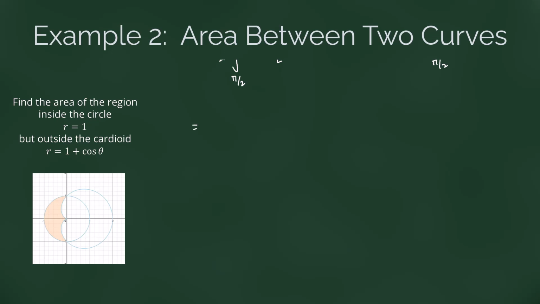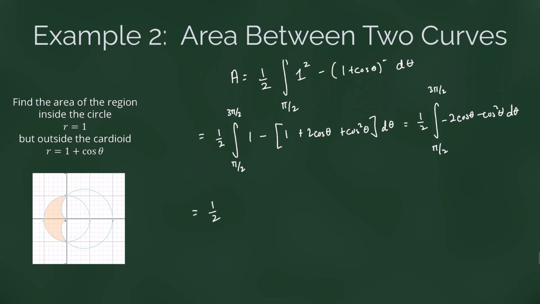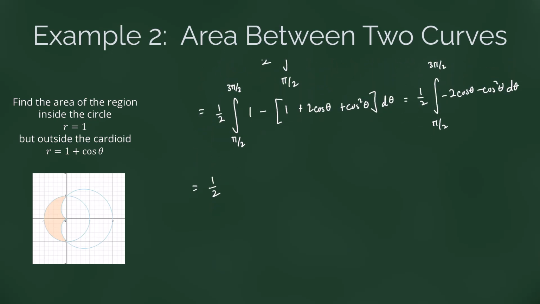So that's going to give us 1/2 the integral from pi over 2 to 3 pi over 2. Oh no, I'm going to rewrite the cosine squared first. So I have negative 2 cosine theta, and I'm again going to use a power reducing formula. So I'm going to get minus 1 plus the cosine of 2 theta over 2.